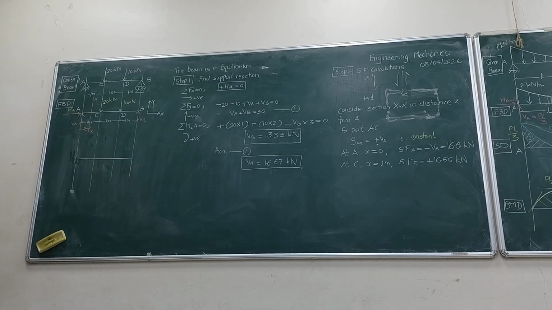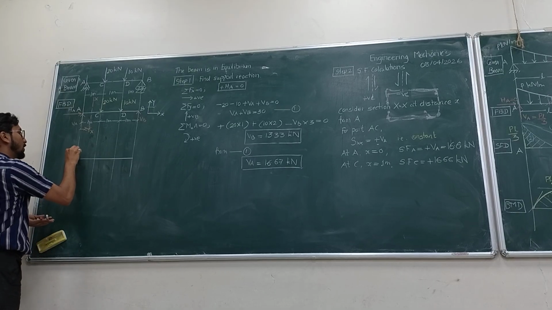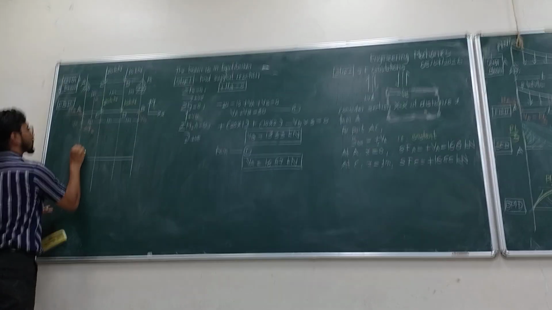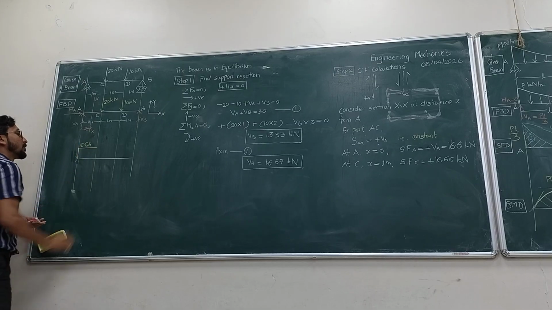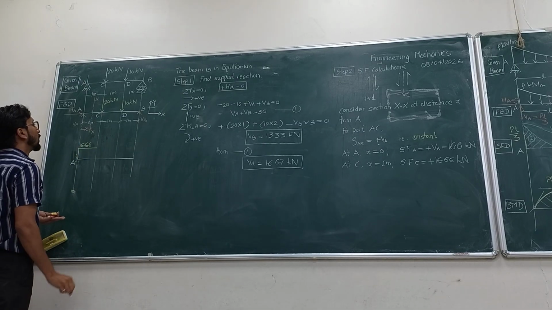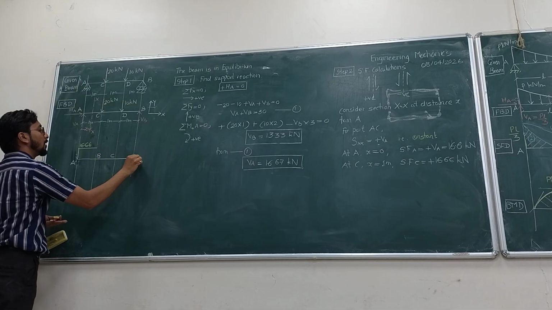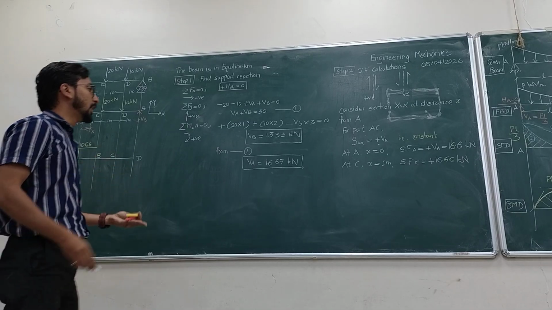What is the value of shear force at A? 16.66. What is the value of shear force at C? 16.66. So this is 16.66. This is point A. This is point B, C. Okay. So we have drawn it till this point.